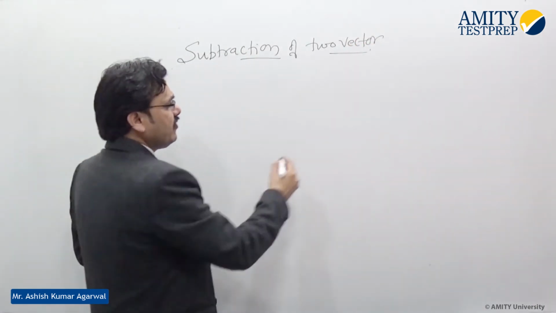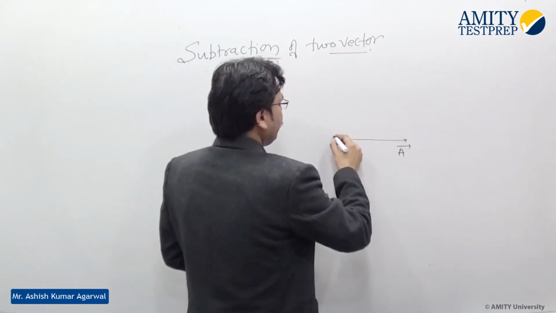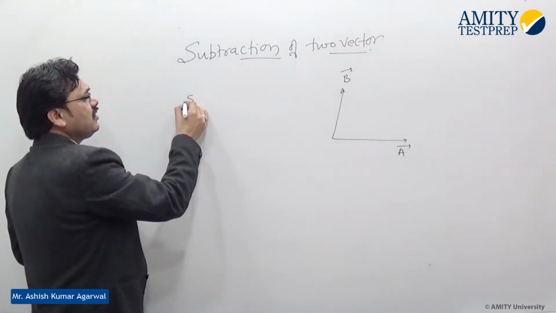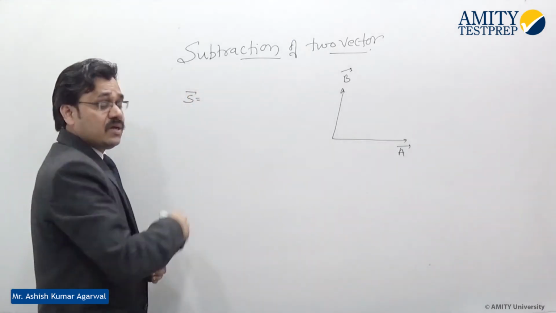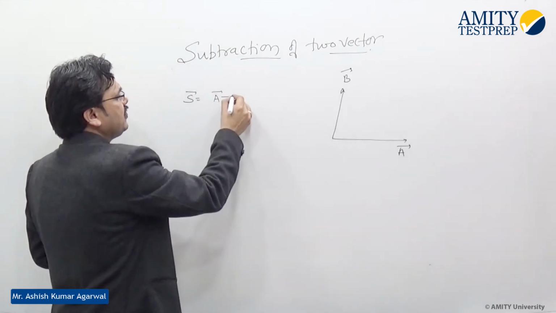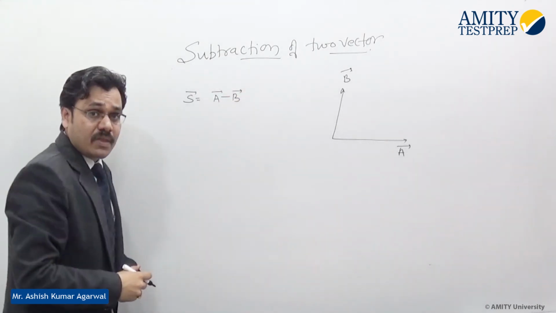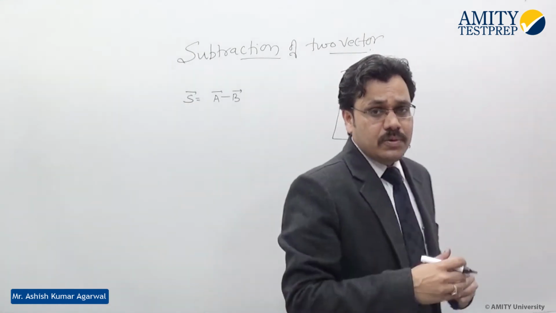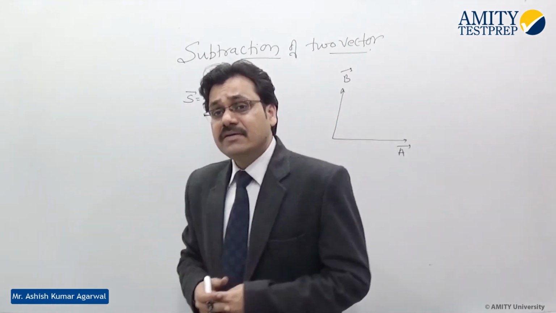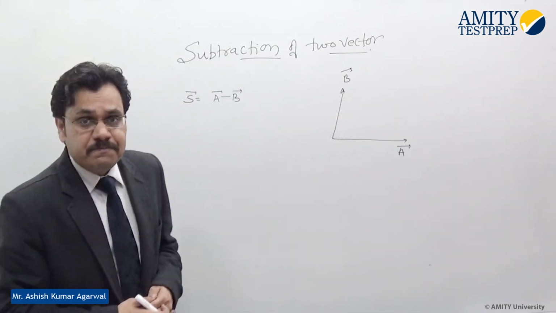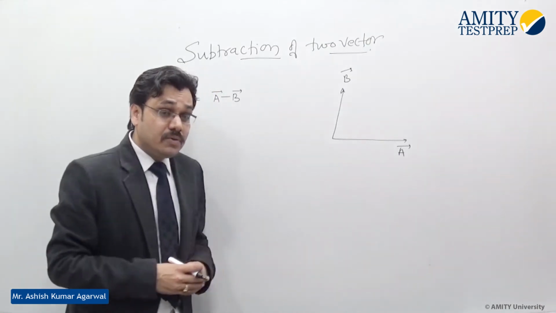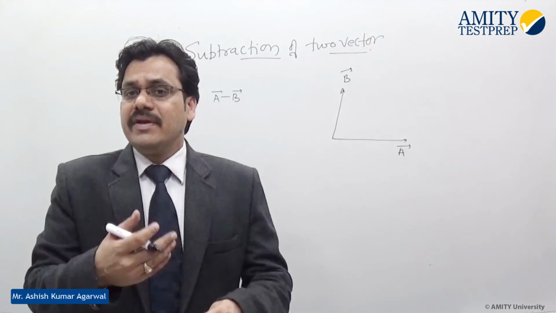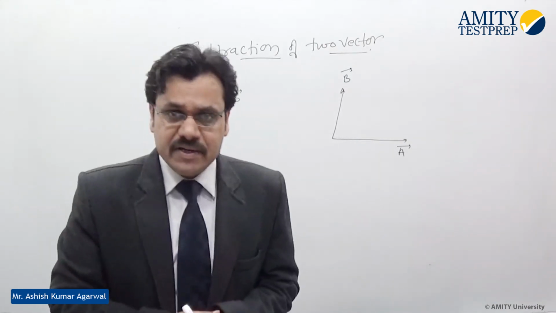When two vectors are given, vector A and vector B, and you want to find the subtraction, A minus B, you have to subtract B from A. So you have to take the negative vector of B. I have already told you, to take a negative vector you take a vector reverse in direction and same in magnitude.